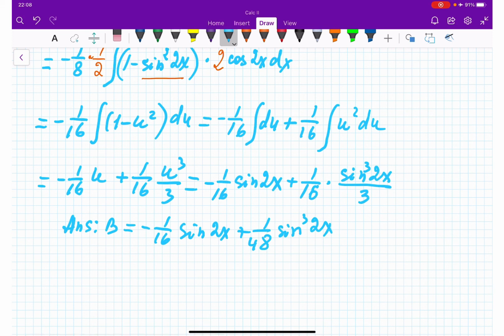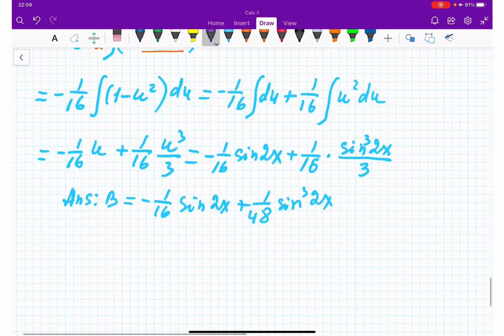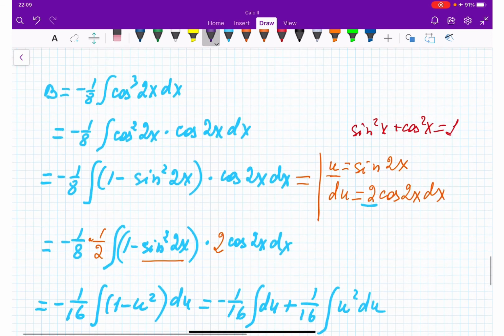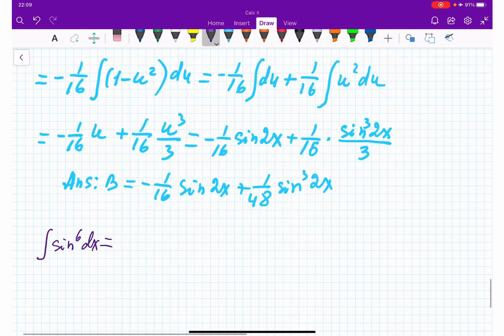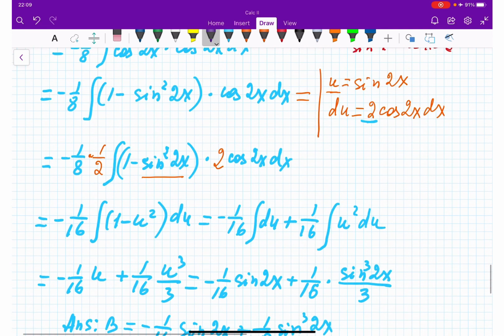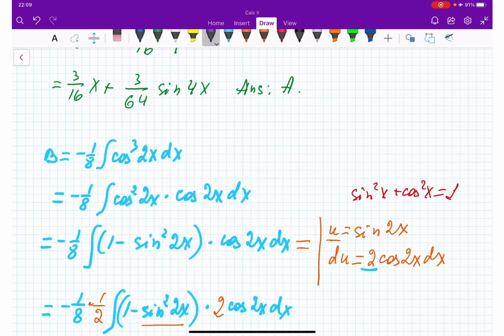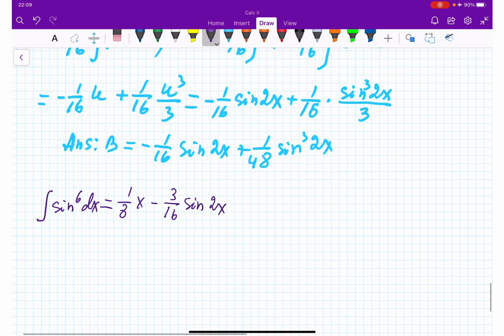Okay, now let's put all pieces together. Integral of sine to power 6 dx is equal to, let me go back to see what we had: 1 over 8x minus 3 over 16 sine 2x, and then we are adding our A, which is 3 over 16x plus 3 over 64 sine 4x.